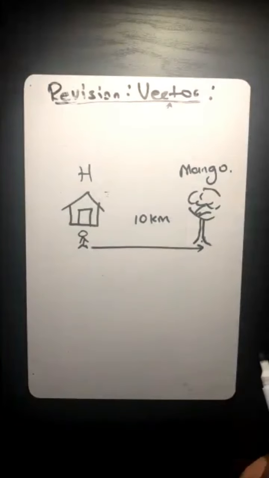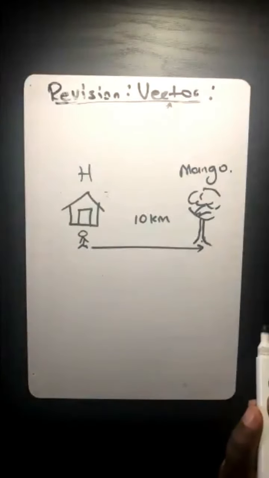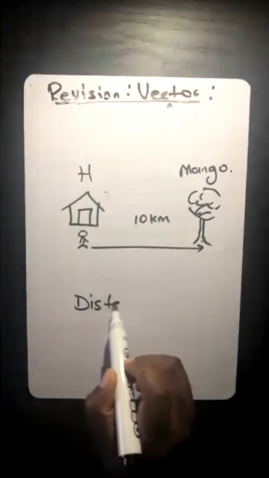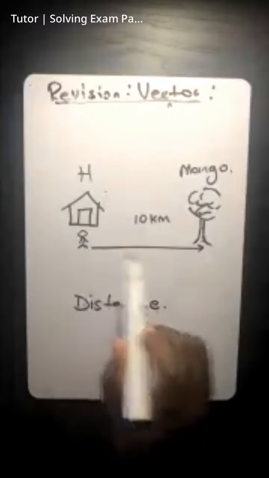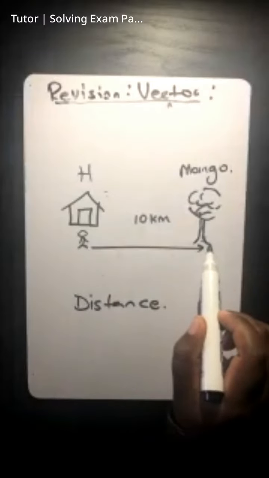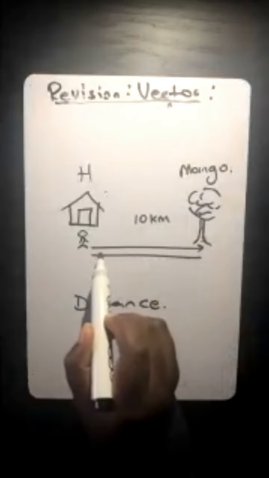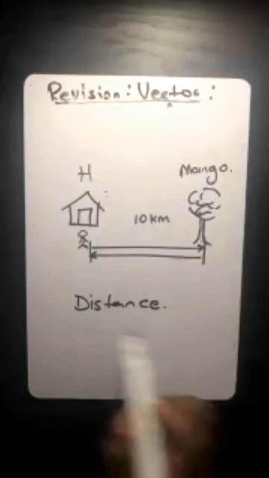So you walk that 10 kilometers. For you to travel from your home to the mango tree and again back home, what is the distance traveled?